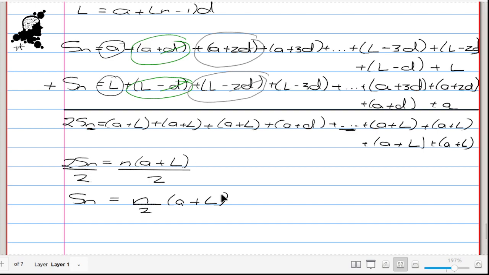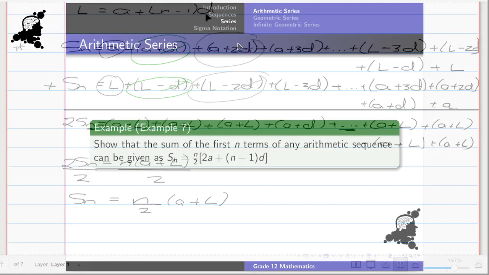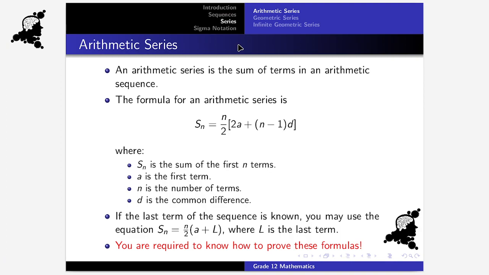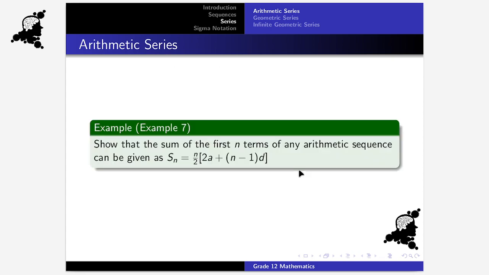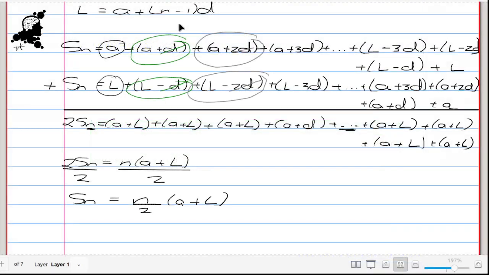Let me just go back to the slide so as to show you which formula I'm talking about. So we already are at this point. We've proven this part of it. But now the question said we need to prove the first part of the formula. So let's go back to our writing board and see how we can accomplish this.